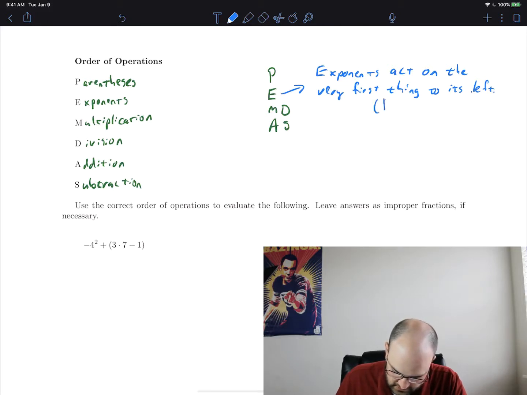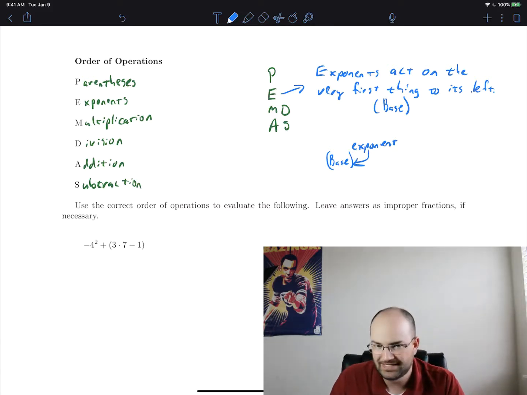In other words, it acts on the base. So whatever the base is to the exponent, this exponent is always acting upon the base. And this seems like something that's very obvious, but it's actually very easy to confuse yourself with. So we need to make sure that we understand that.